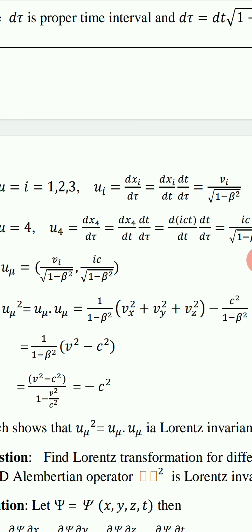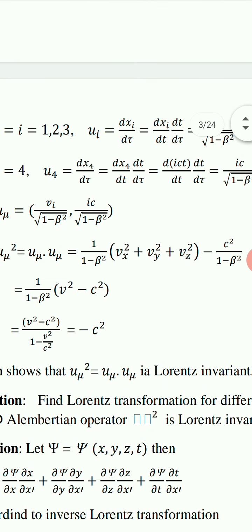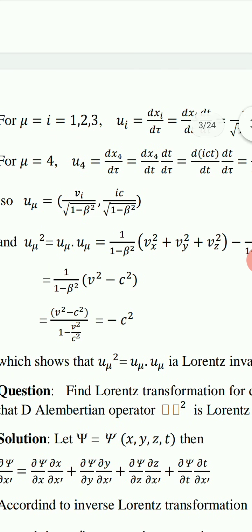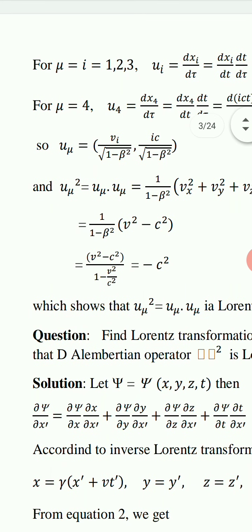Vx square plus vy square plus vz square, we put v square in place of this, then u mu square becomes 1 upon 1 minus beta square into v square minus c square. Here we take 1 minus beta square as common. Now put beta equal to v upon c, and we find that u mu square equals minus c square.